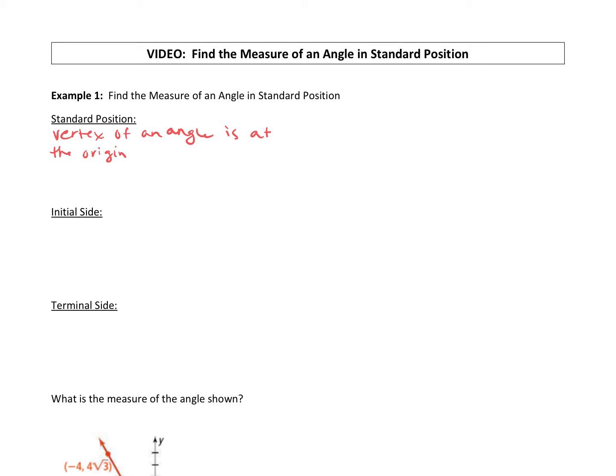So we're in a coordinate plane now, okay, with an x and a y axis. And the initial side of the angle is on the positive x-axis.